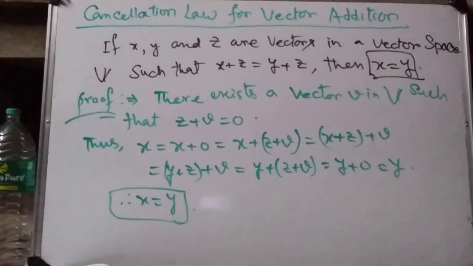We are going to discuss further. The vector 0 is unique, and obviously the vector addition inverse and the vector addition identity are unique.